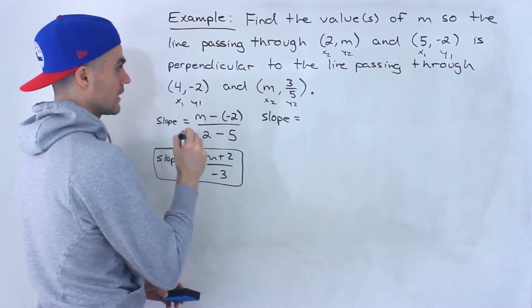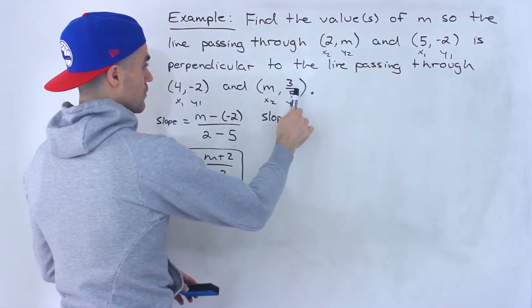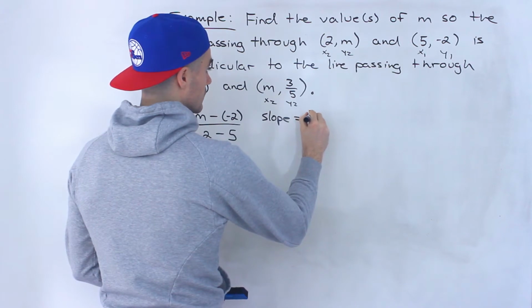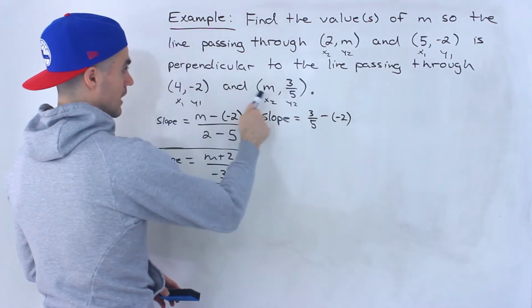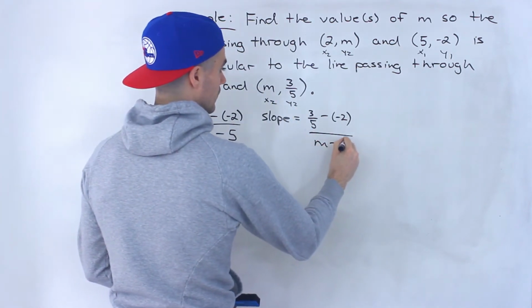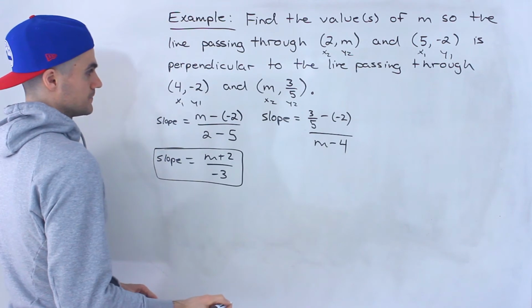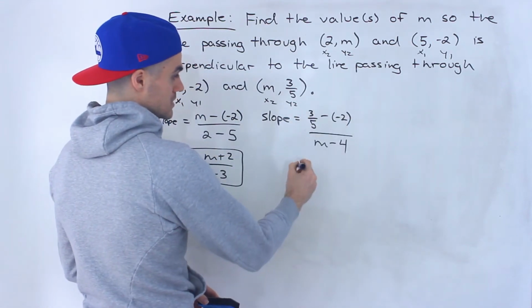I think we're going to end up with negatives whichever way we do it. So we would end up with 3 over 5 minus negative 2, and then we'll end up with m minus 4. Like that. Actually, we're going to end up with all positives for this one, which is nice.